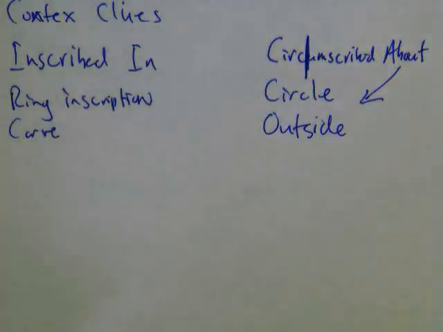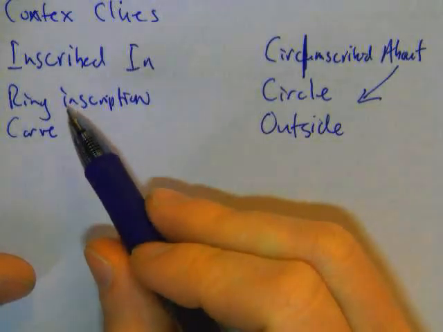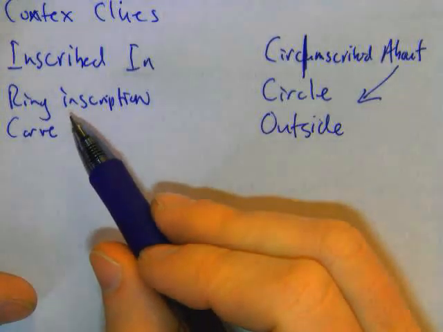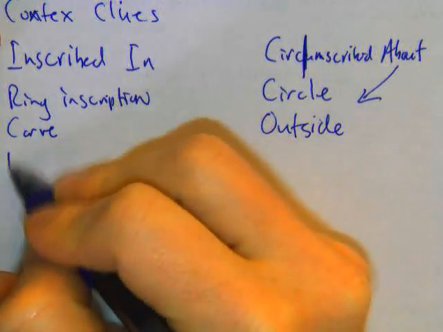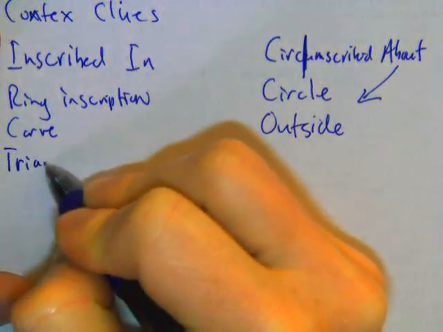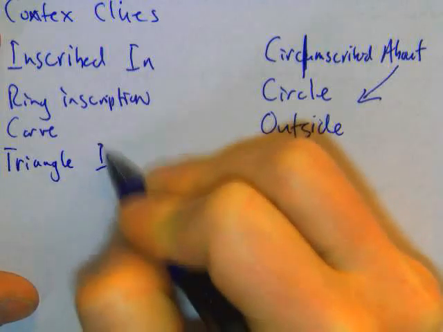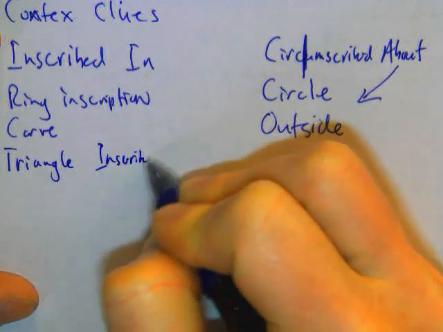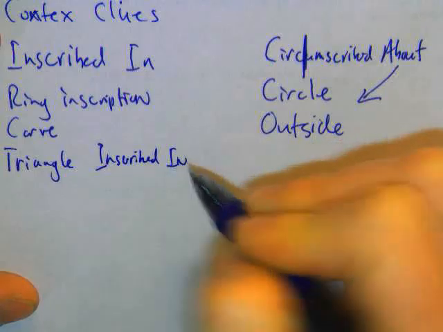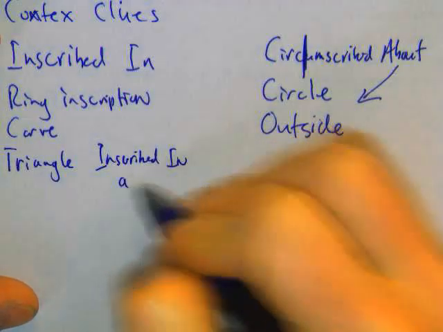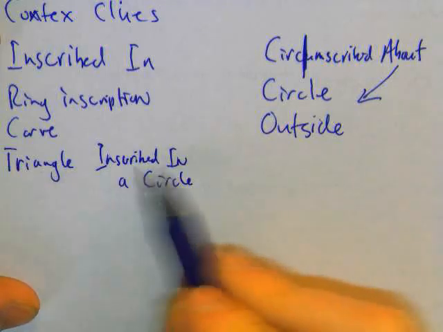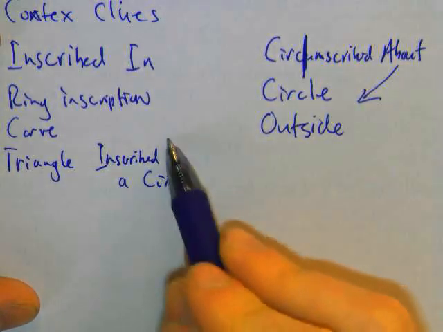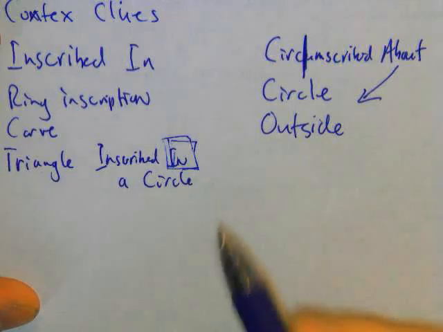So here are the geometric examples. Inscribed in. So if we're going to say a triangle inscribed in a circle, the triangle is going to be, to me, in a circle.